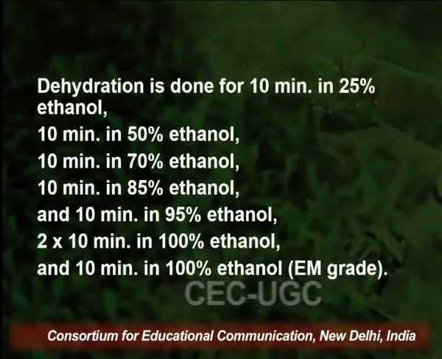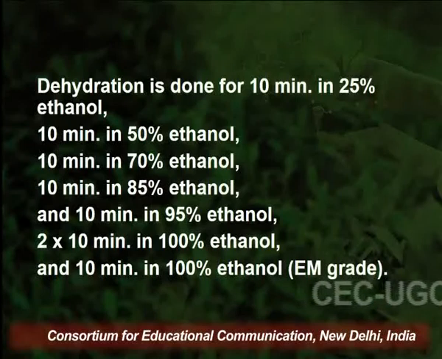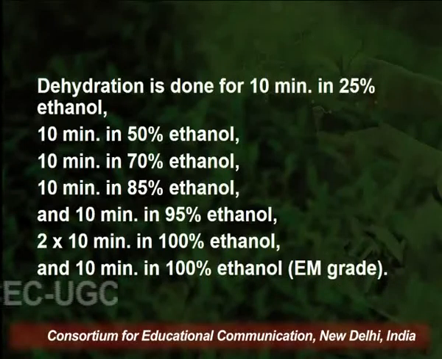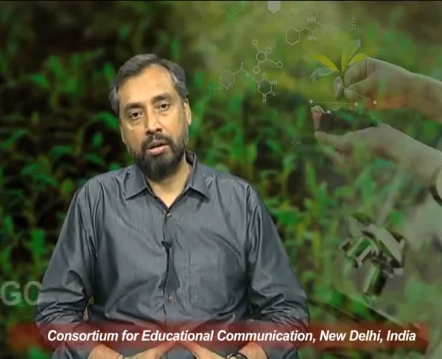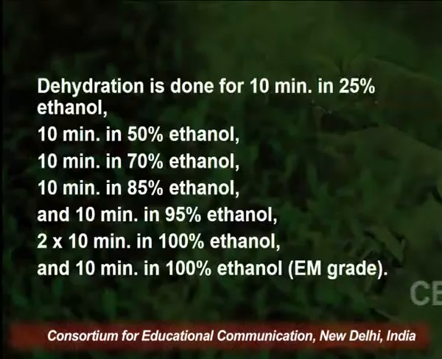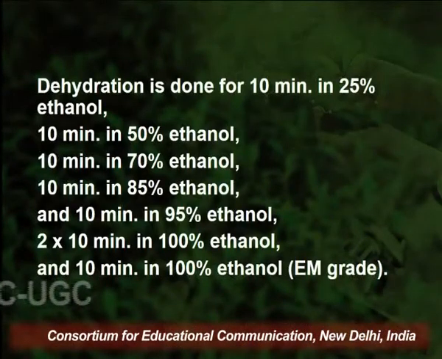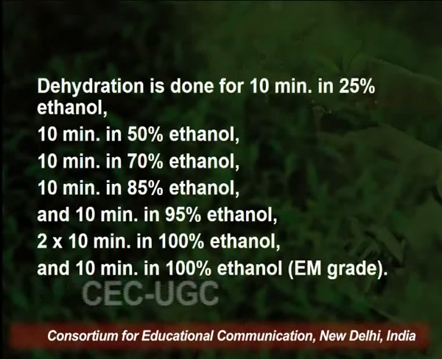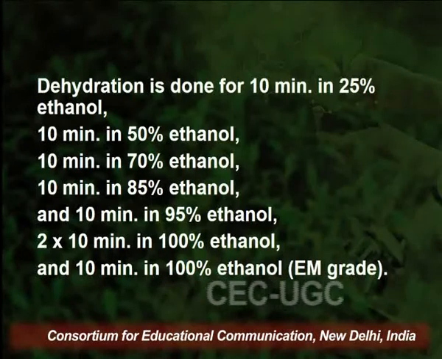So the dehydration process is done for different time periods at different concentrations of alcohol. It starts with 10 minutes treatment in 25% of ethanol, followed by 10 minutes in 50% of ethanol, 10 minutes in 70% of ethanol, and then 10 minutes in 85% of ethanol.